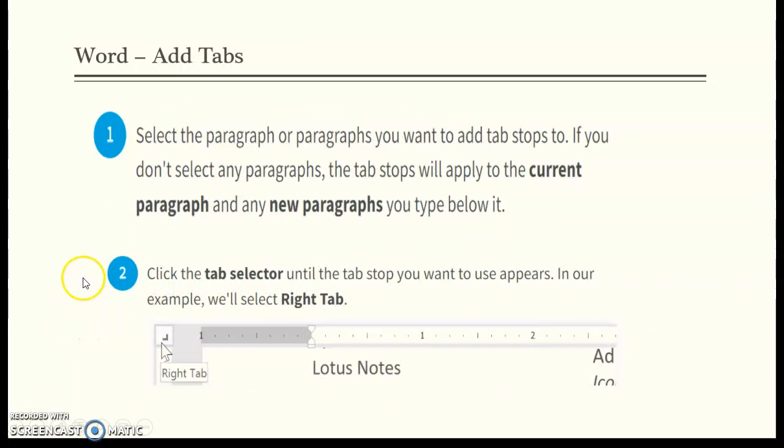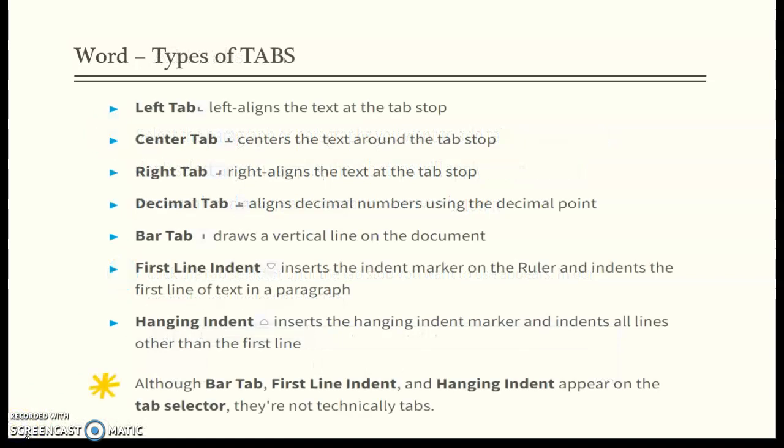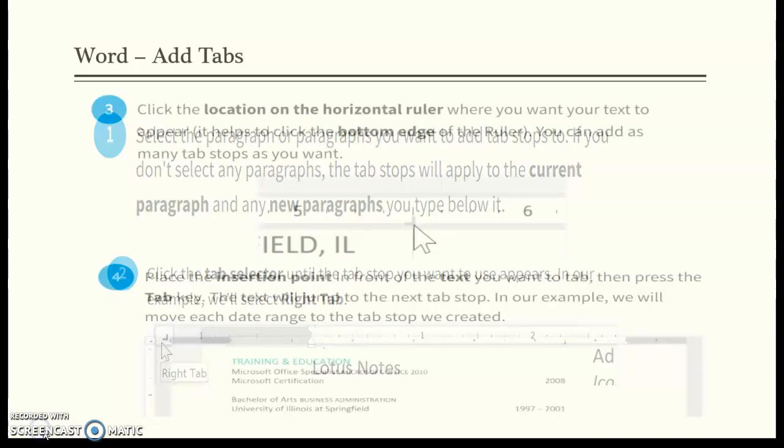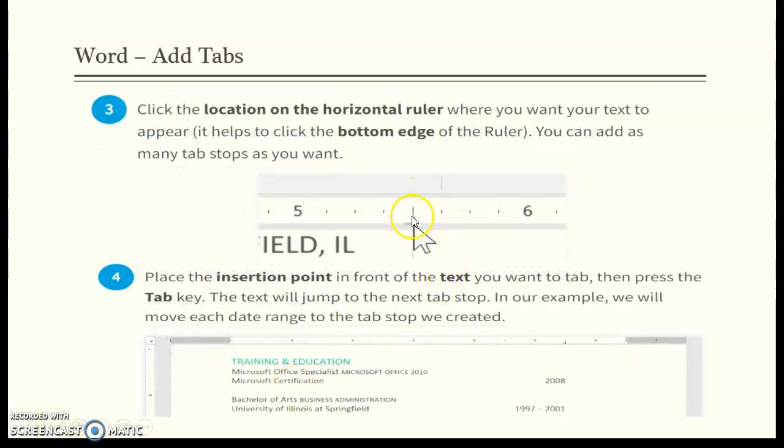So to add a tab, make sure you select what type of tab you want first. You want a left tab, a center tab, a right tab. Change that first so it's selected. And then right on the ruler, so I want it at 5.5, you just click.